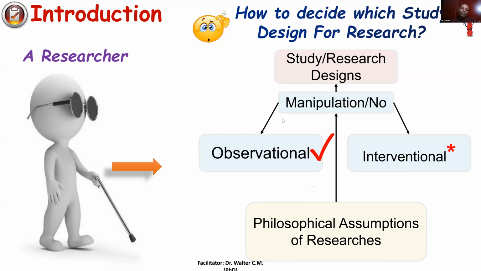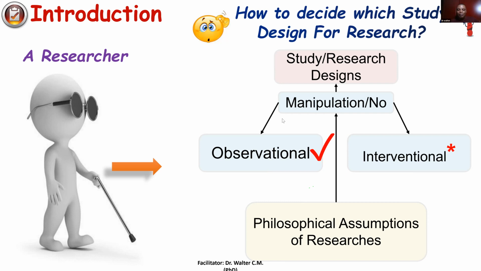Are you going to observe? That is where we said you should not manipulate the participant or independent variable. But if your philosophical idea is directing you to manipulate the participant or the independent variable, that is where you are in the arm of interventional studies.